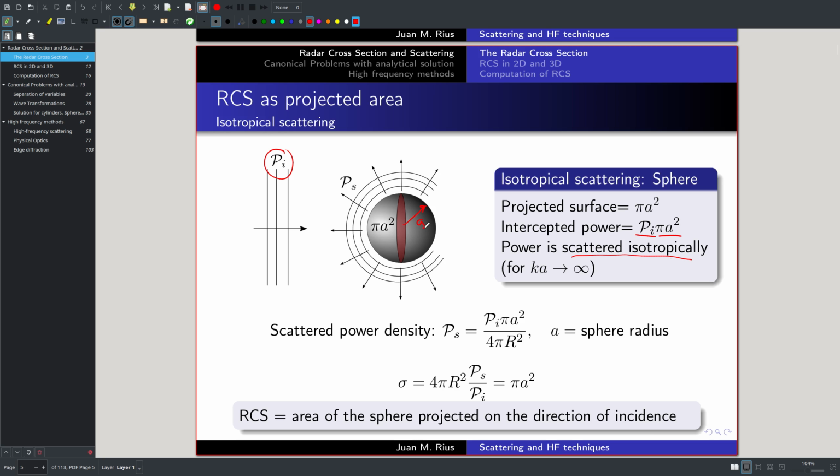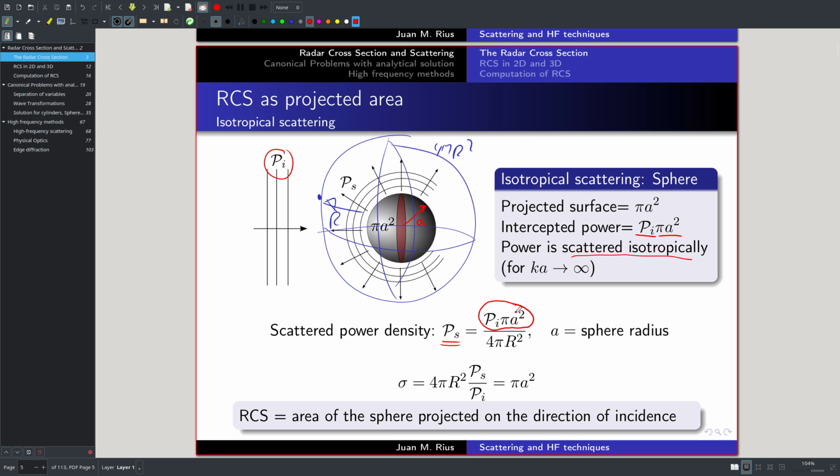So the scatter power density, the real one, the true one, is the intercepted power, which is equal to the scatter total power if there are no losses, over 4 pi r squared, where r is the radius of the observation sphere, and 4 pi r squared is the area of the observation sphere. Okay, so this is the scatter power density.